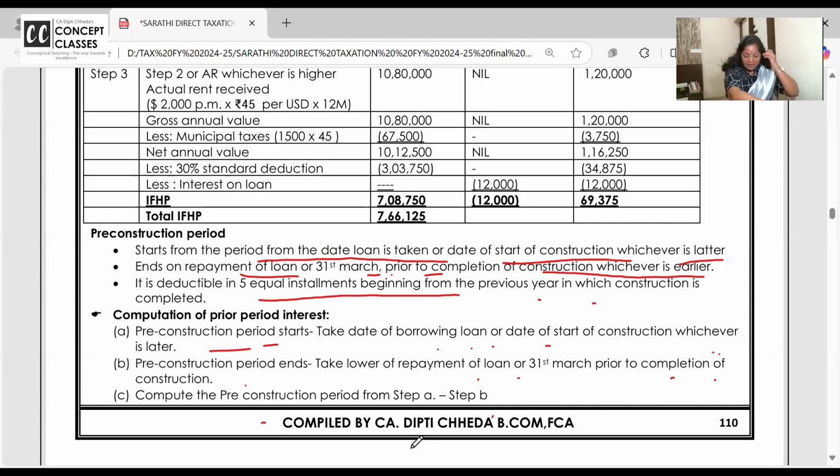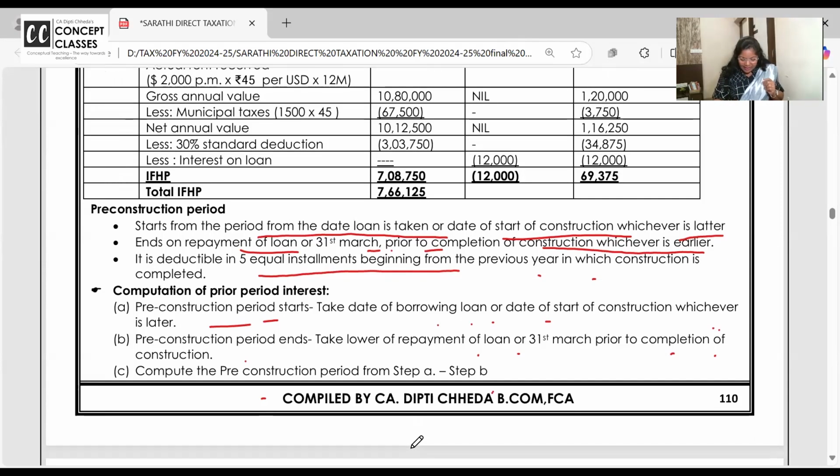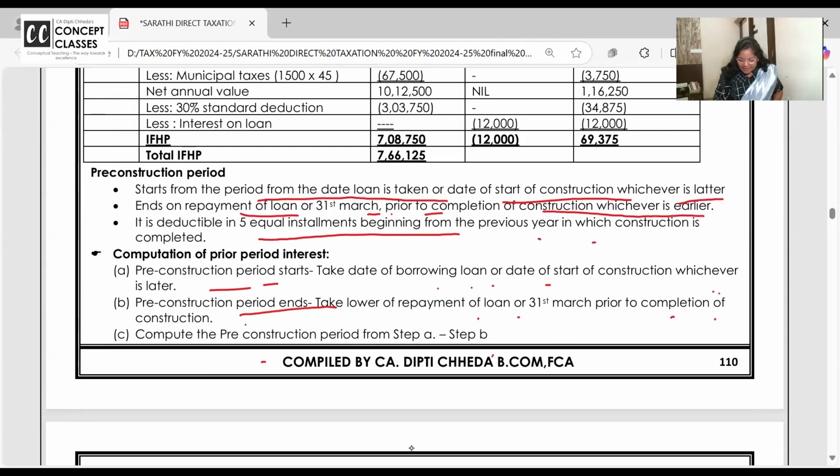See, read the note. I think you all are rushing too much today and not reading when I'm asking you to read. Pre-construction period ends on repayment of loan or 31st March prior to the, don't start the next one. Now listen, please. After every example, if I'm saying something mandatory, you have to listen.